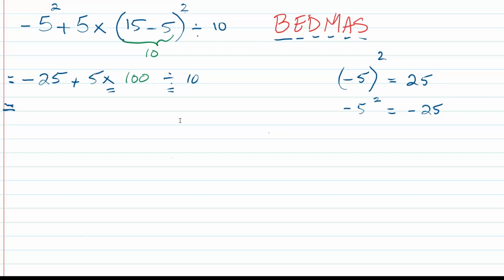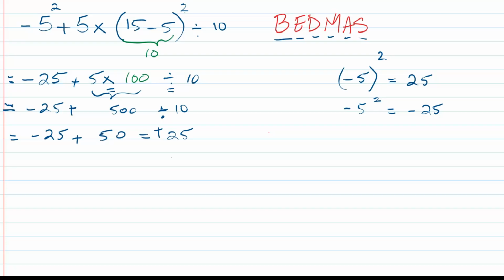So in here we have minus 25 plus 5 times 100 is 500, and then divided by 10, and then your final answer will be minus 25 plus 500 divided by 10, that's 50, and then your final answer would be positive 25.